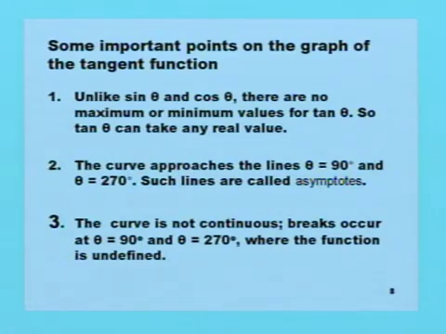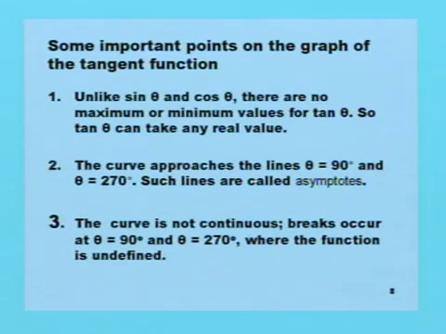The second point you need to note: the curve approaches the lines theta equal 90 degrees and theta equal 270 degrees. Remember, the curve is approaching the lines. It will never ever reach those two lines. Such lines are called asymptotes.